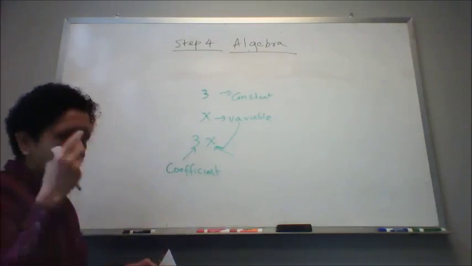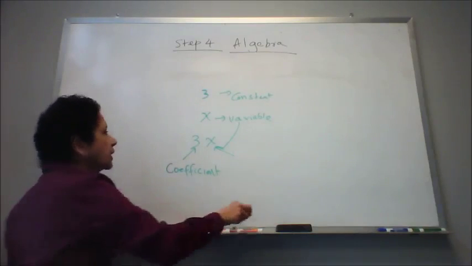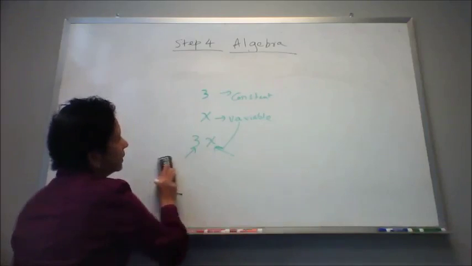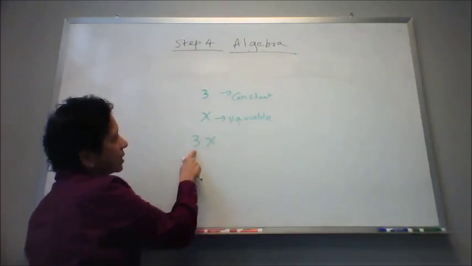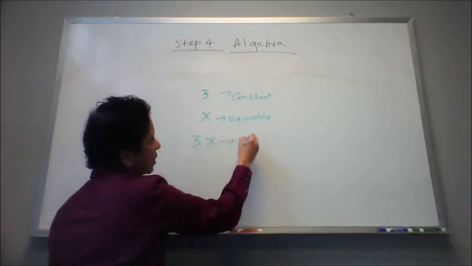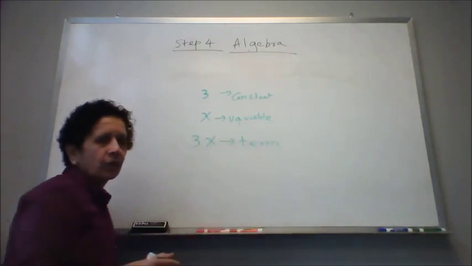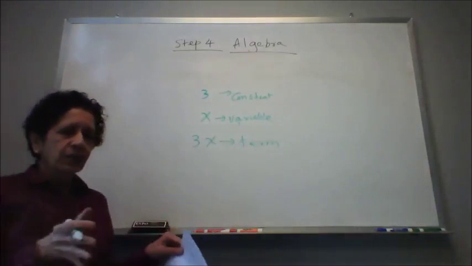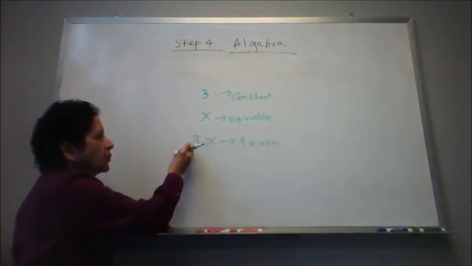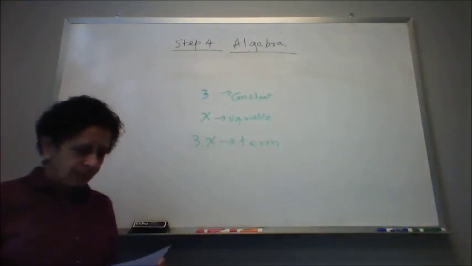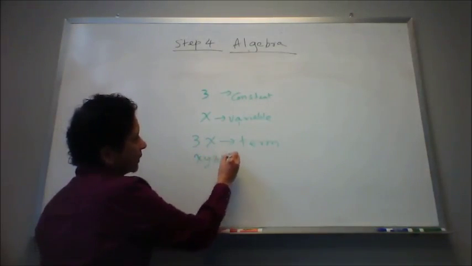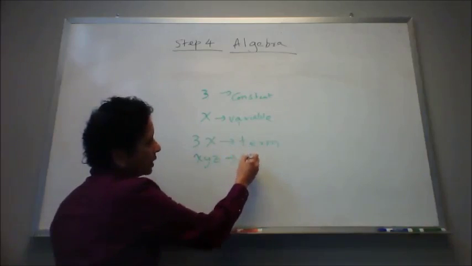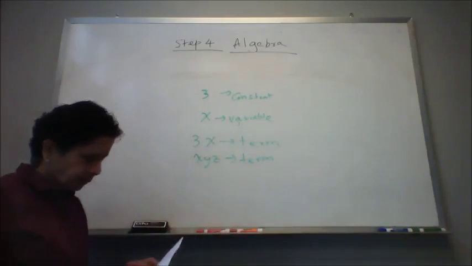Okay, so you need to remember all the terminologies. And this 3x, when I combine the constant and the variable, is called a term. Term means that it's a collection of numbers and letters, okay? So for example, x, y, z, I can have any number of letters, so that'll be called a term, okay?